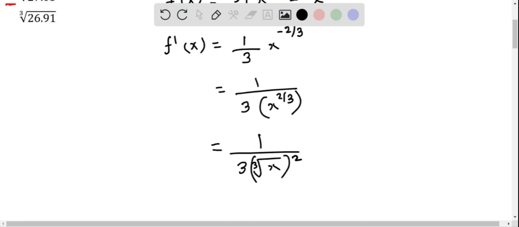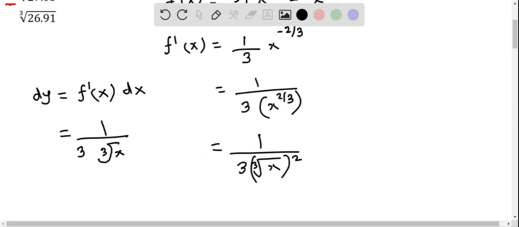Now we find dy. dy is given by the formula f prime of x times dx. We substitute f prime of x, which is 1 by 3 times the quantity cube root of x squared, times dx.